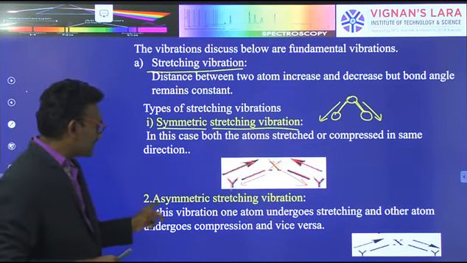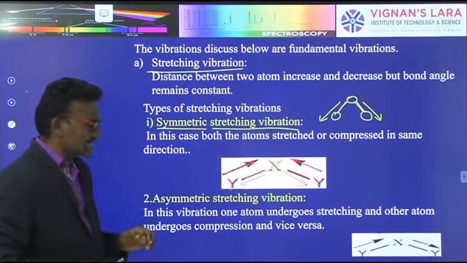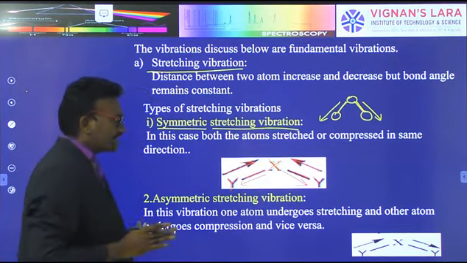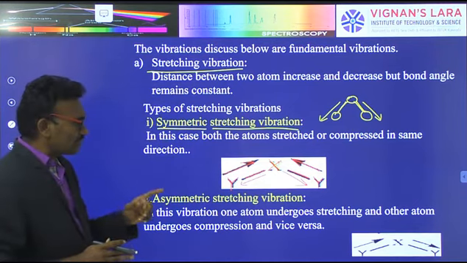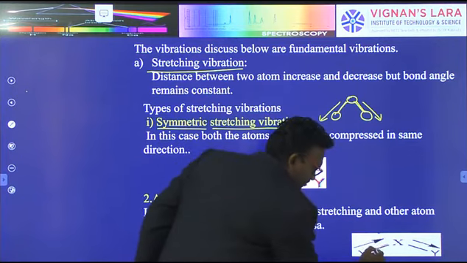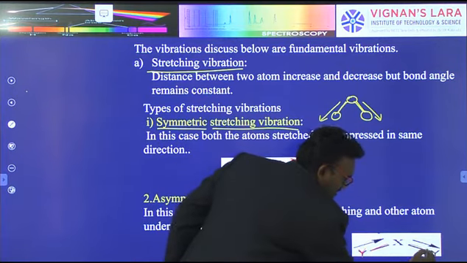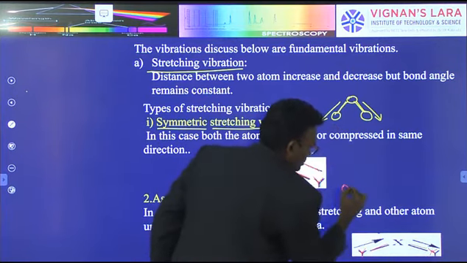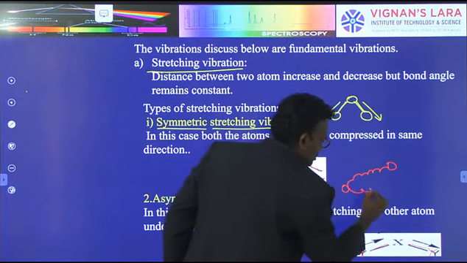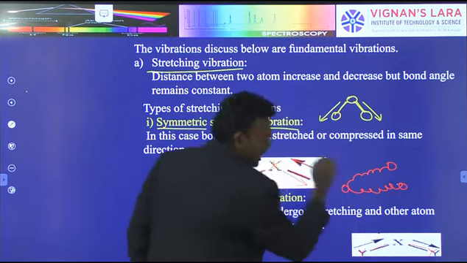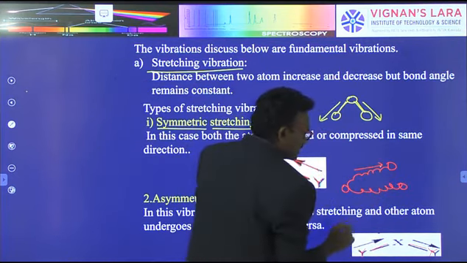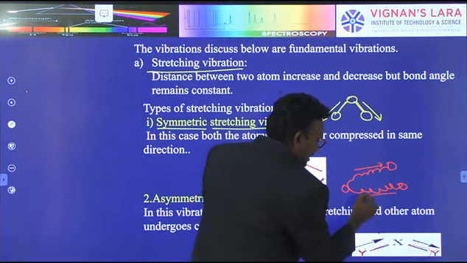What is asymmetric stretching? Asymmetric means both bonds do not increase or decrease together. One bond increases and the other decreases. For example, this is the Y atom, and this is the other Y atom. The bond is stretching. This bond is increased, but that bond is decreased.